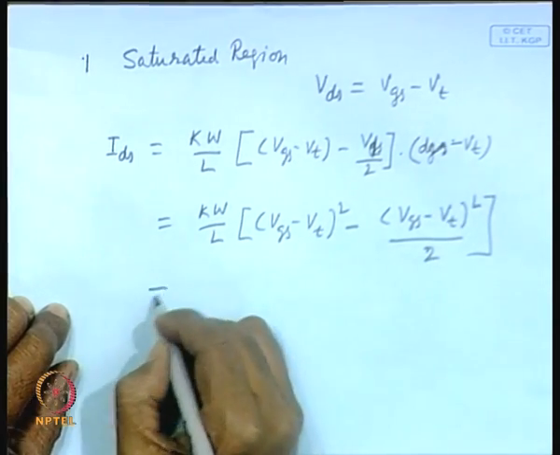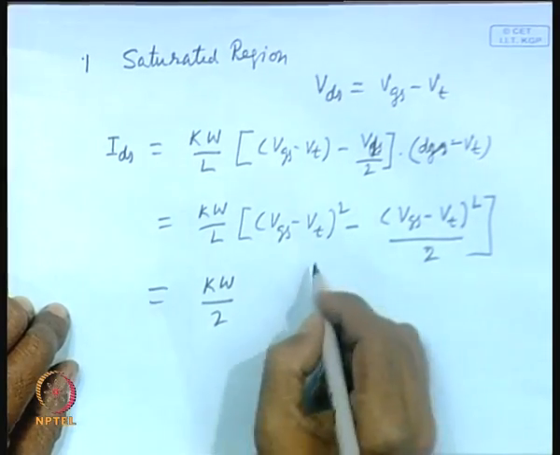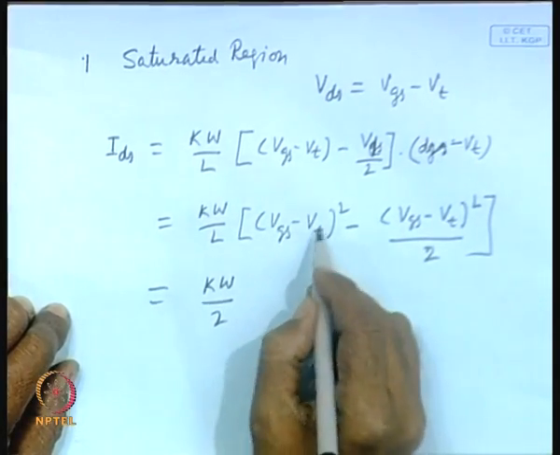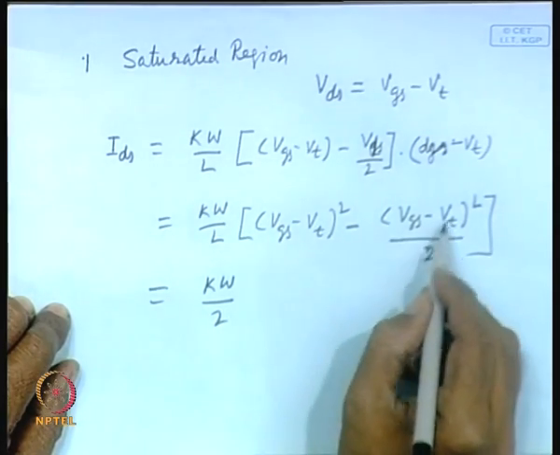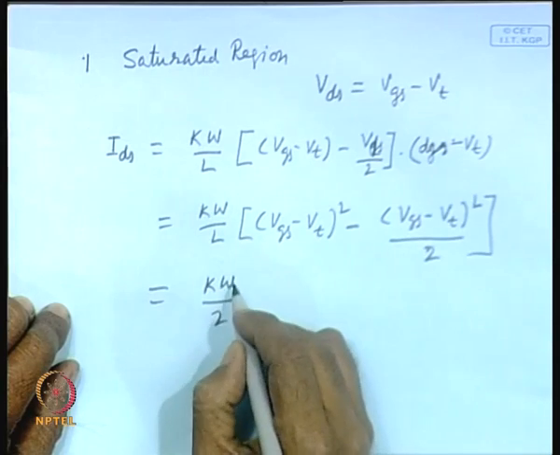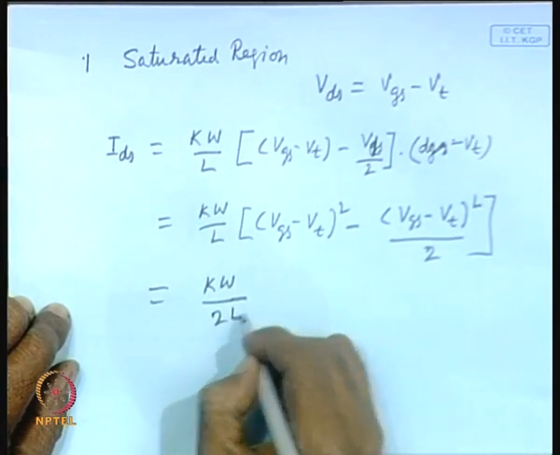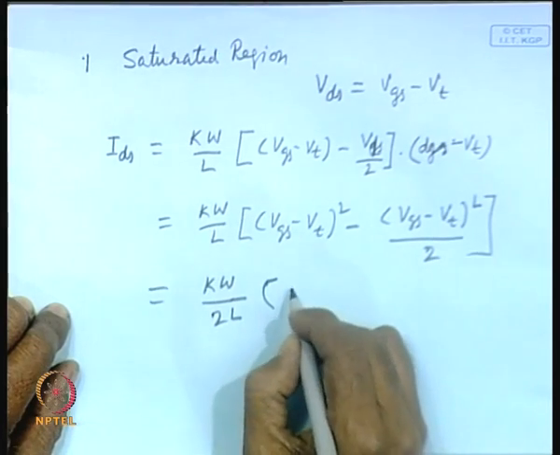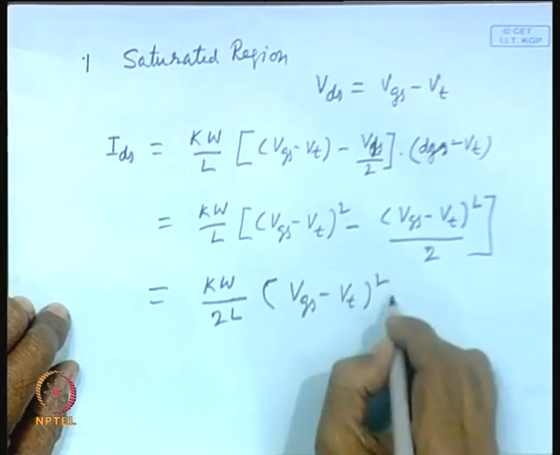Okay. So, this will be equal to kWL by 2, because half of this, (VGS minus VT) square by 2, will become (VGS minus VT) square by 2. So, this will be equal to kW by 2L into (VGS minus VT) square.